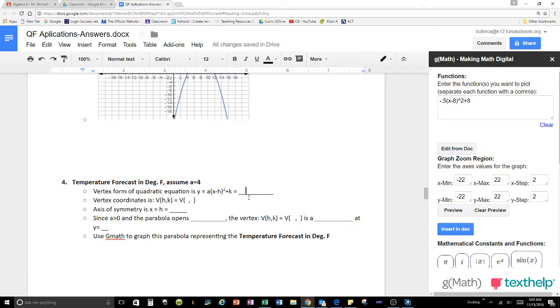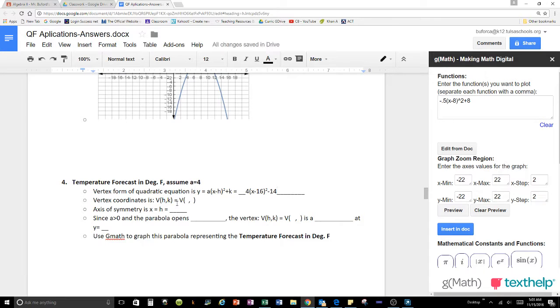So we put 4. That'll be x minus 16, because h was 16. And we say control period, square, control period, and then minus 14. K was minus 14.